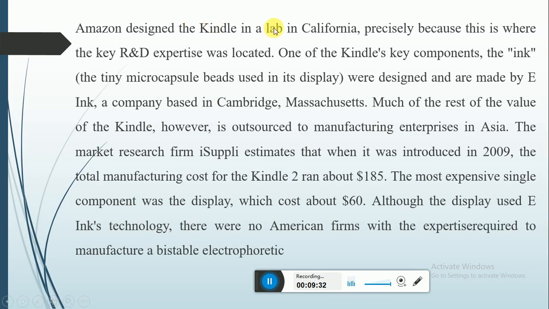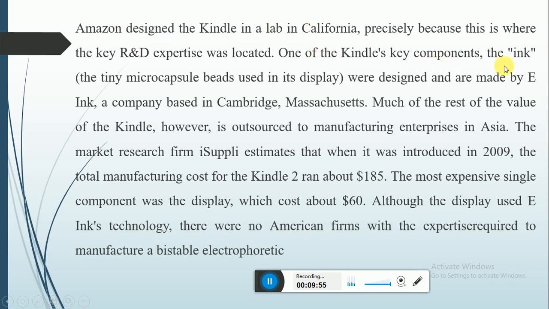Now Amazon designed the Kindle in a lab in California, precisely because this is where the key research and development experts were located. So they designed it in California because their research experts were located there. So now this research and design has been done in California.